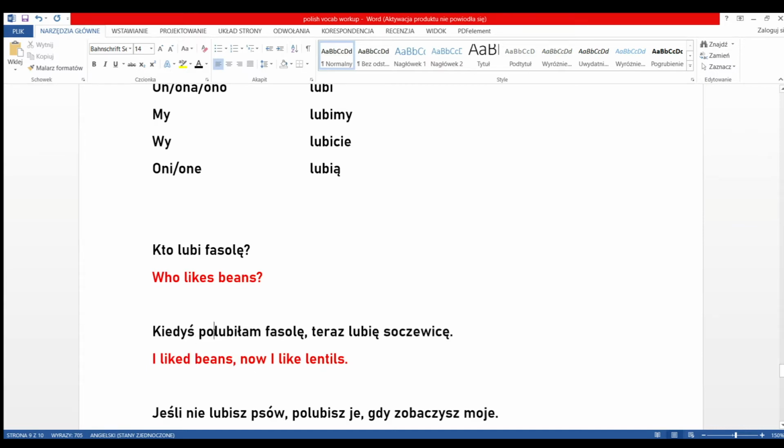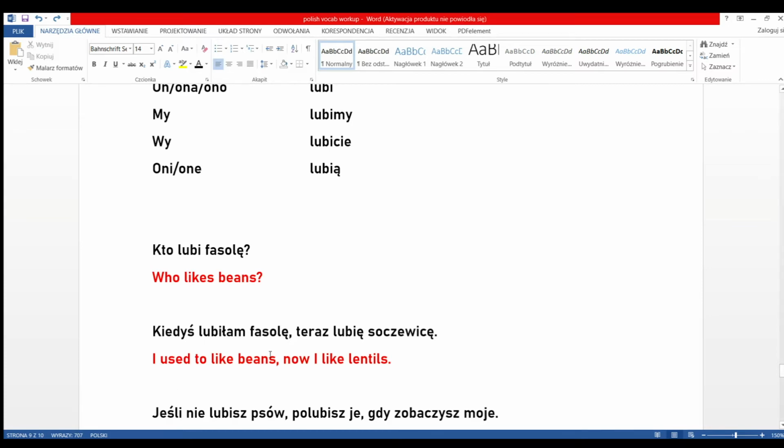However, if you want to leave it as it is, I used to like beans. It means still in the past, but it conveys a continuous past, kind of, because I used to like. It was a continuous action in the past.